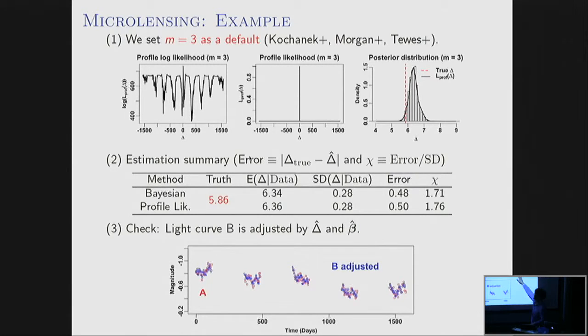And this time we are catching the truth within 2 posterior standard deviations because chi is less than 2. And we also check our estimate by adjusting the time series B. So it seems like fluctuation patterns are very similar, meaning that our estimates are very likely if we don't know the truth.